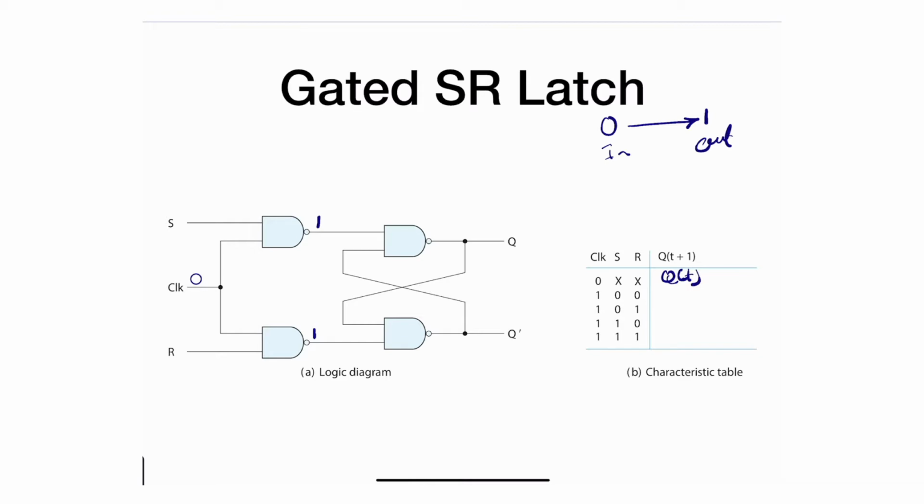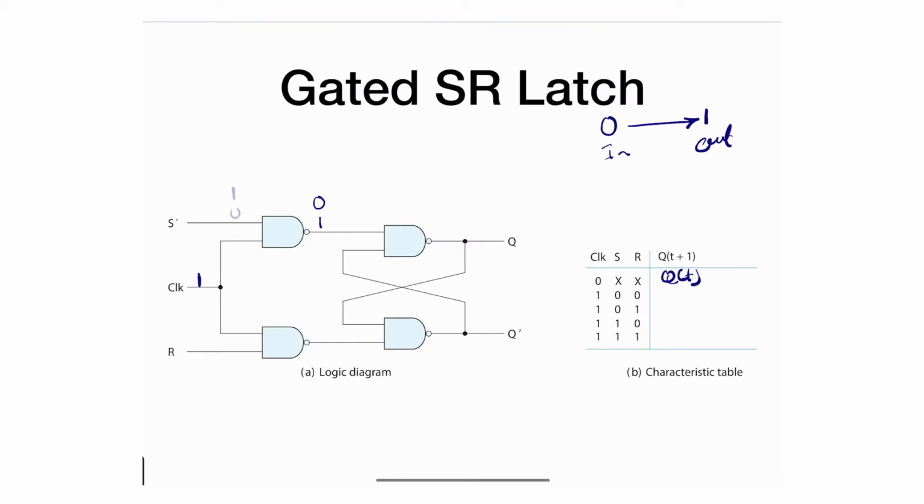Now if we change the clock from 0 to 1, the NAND gates don't care about that value anymore. They just care about what S is and what R is. So let's see what these values would be. If this is a 1 and this is a 0, that output will be 1. And the same argument applies if this is 1 and this is 1, the output will be 0.